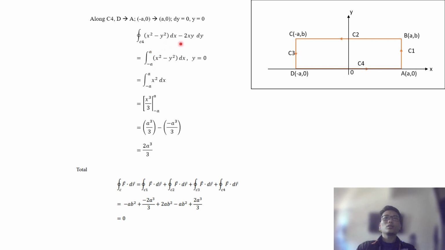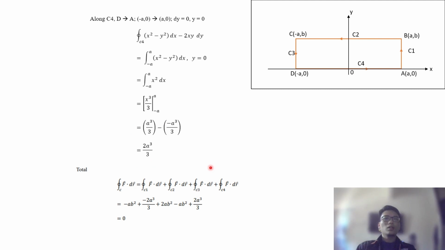As usual, your dy is 0, so negative 2xy becomes 0, and your y here is 0, so you substitute with 0 here, so it is gone, left with x squared. So substitute with it, and you get this answer, 2a cubed over 3.